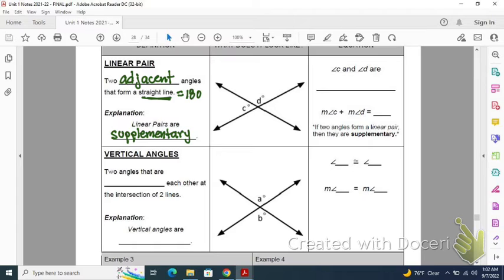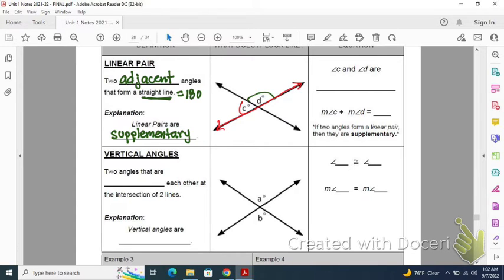Okay, in our diagram, angle C and angle D, they're not congruent. I just created those wings to indicate which angles I'm talking about. That's a linear pair because it obviously forms a straight line when you combine those angles.